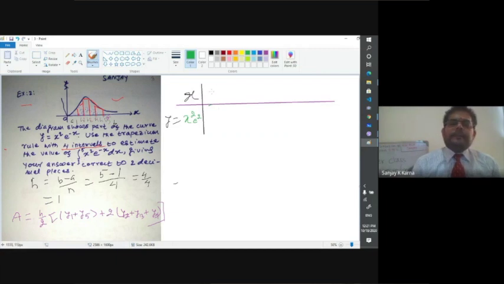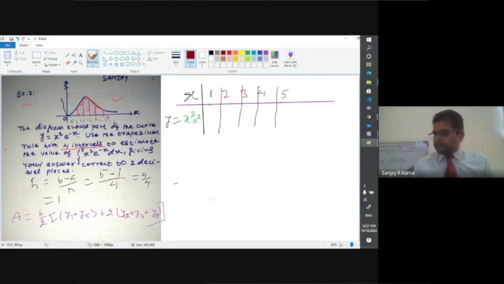So you write here 1, 2, 3, 4 and 5, and then take a scale and make a table like this so that it looks nice.